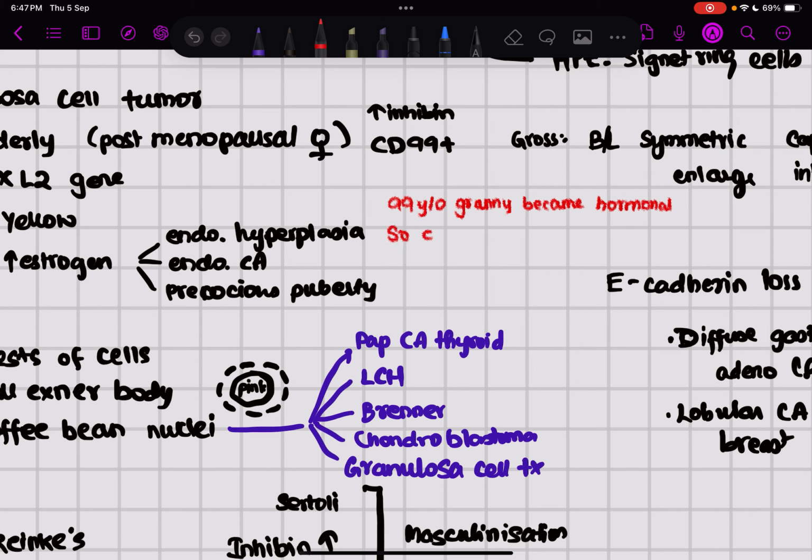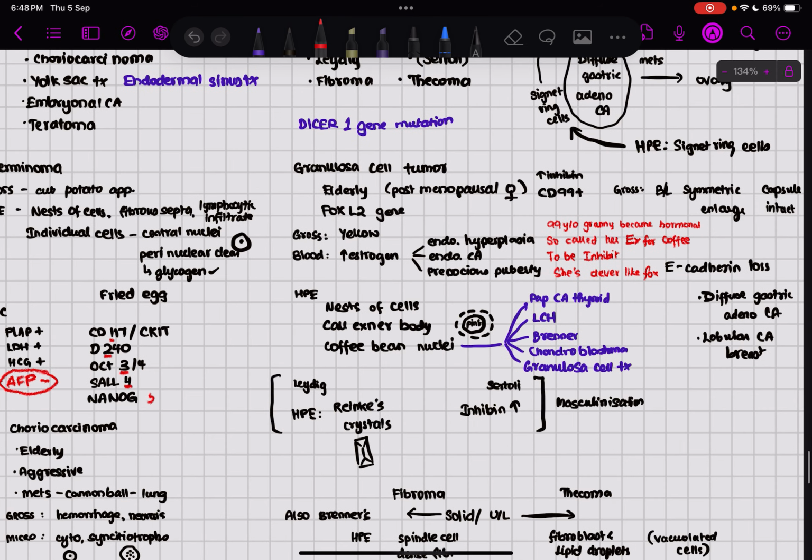So she called her ex for coffee. This is to be inhibited. She is clever like a fox. So the things are CD99 positivity, so 99. The granny is granulosa cell tumor.